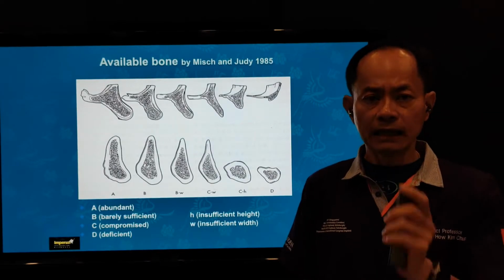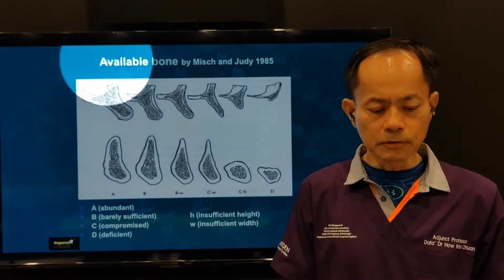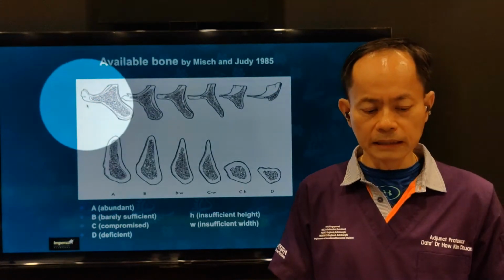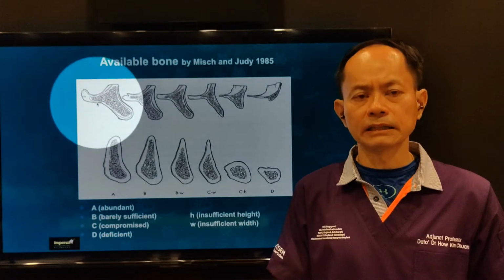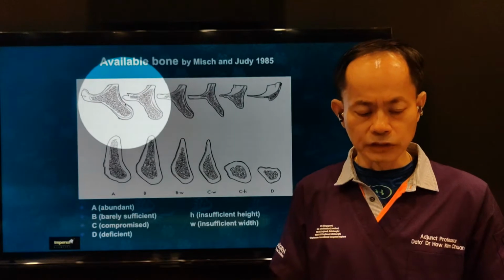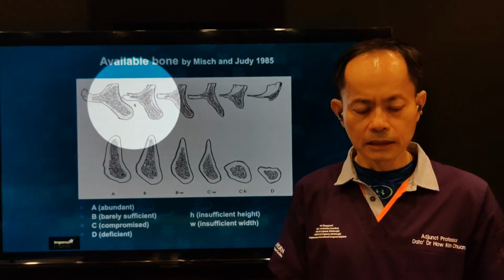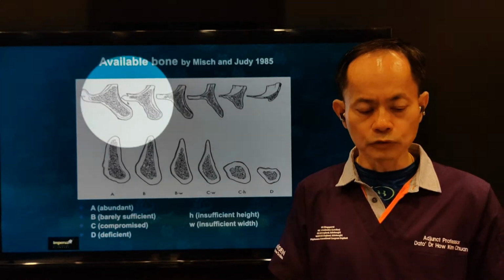So let's say we have just extracted a tooth. Then the bone volume and thickness is at its maximum. But if you do nothing about this, we will continue to lose bone, and it shrinks in 3 dimensions. This usually happens within 2 years.